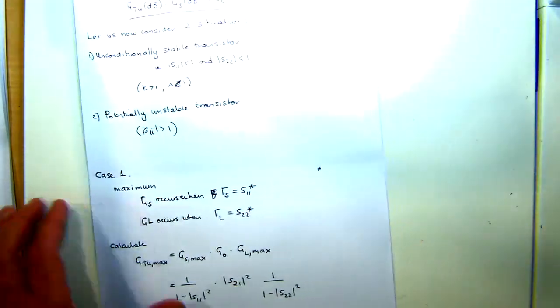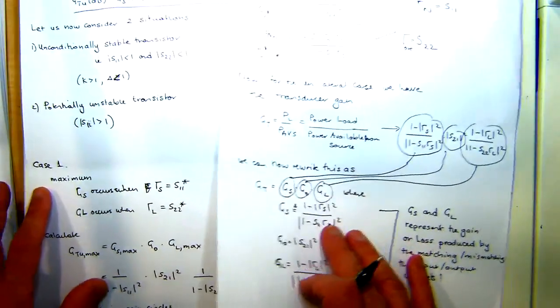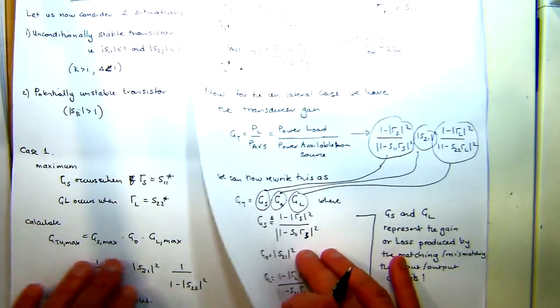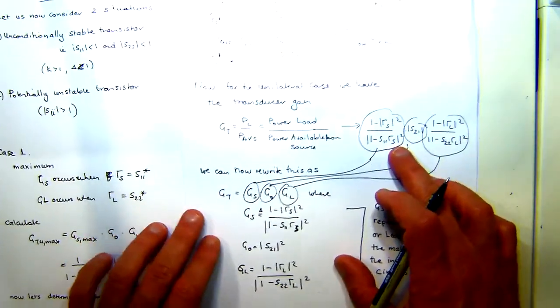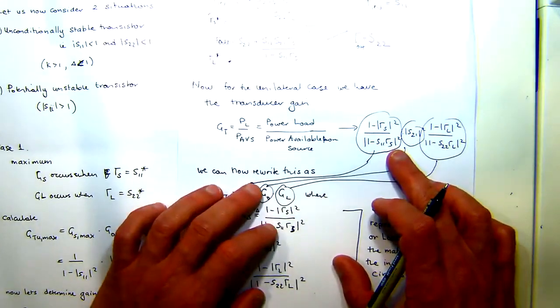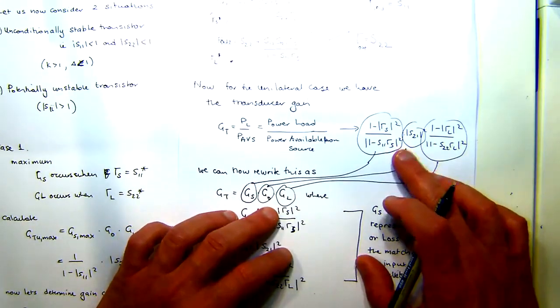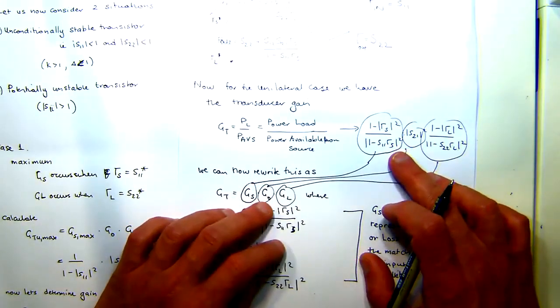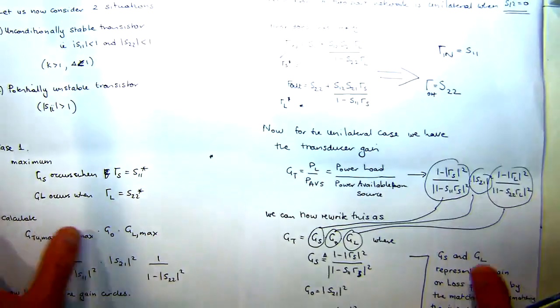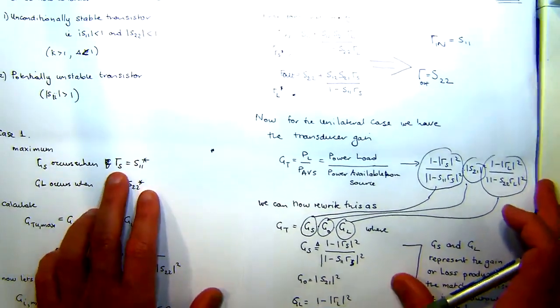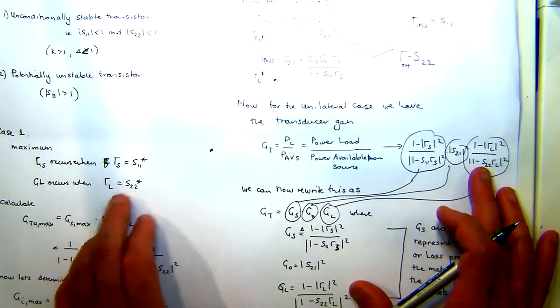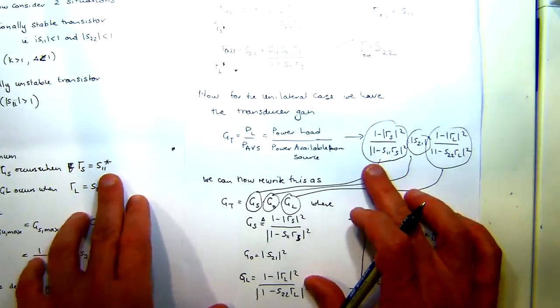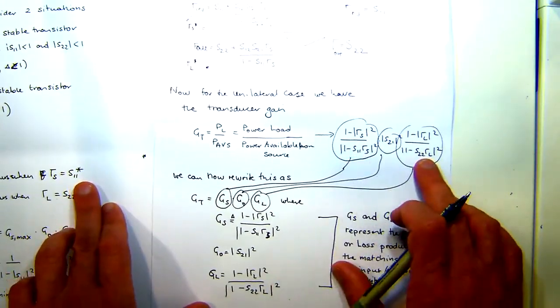And when we look at this, we can convince ourselves, and one of the things I'd like you to do is convince yourselves that the maximum gain under these circumstances occurs when the reflection coefficient of the source or the load is the complex conjugate of S11 or S22.